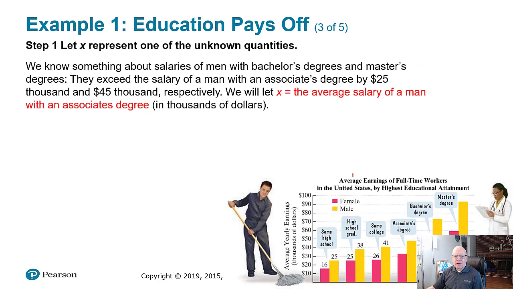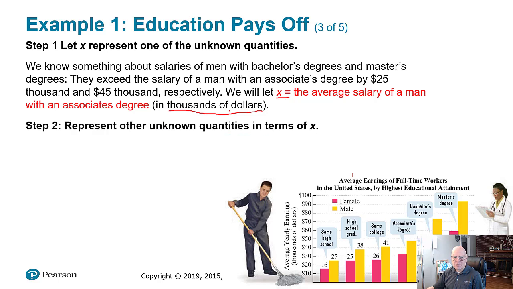So we know something about the salaries, and here's the initial key. Write down what X represents. Write the whole thing out. And also include it's in thousands of dollars, because the X won't be how much the person earns. It's the X in thousands of dollars. Keep that in mind.